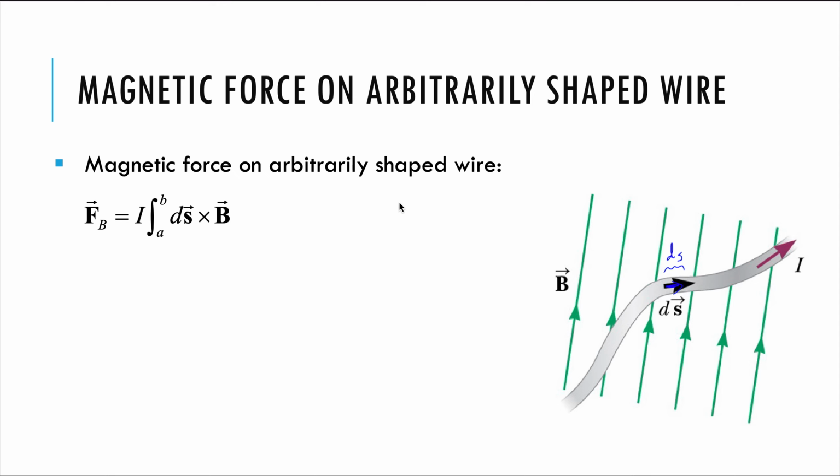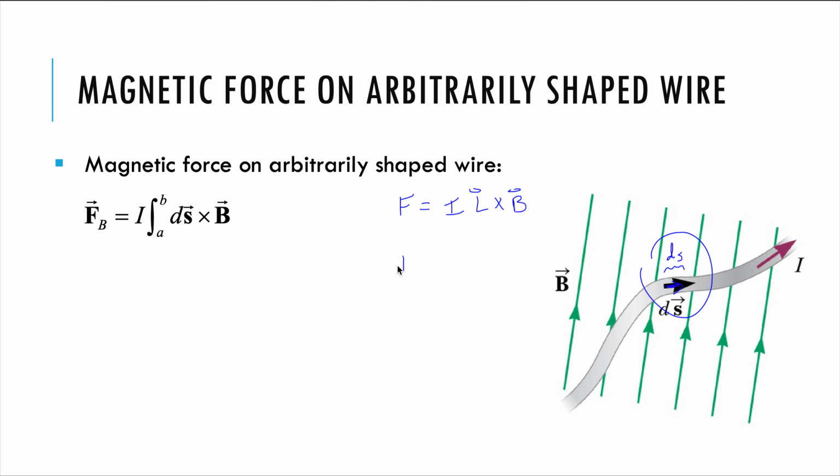So we just learned before that F was equal to I L cross B. Well, if you just look at the force on one little segment, that segment can be considered to be straight since it's so small. That's the whole purpose of having a tiny little segment.